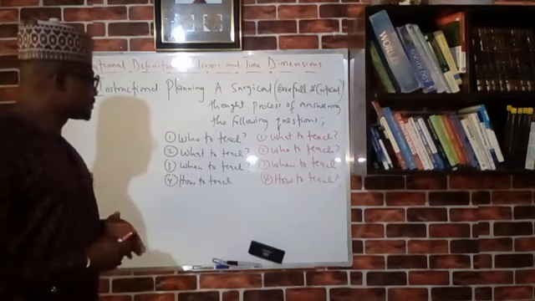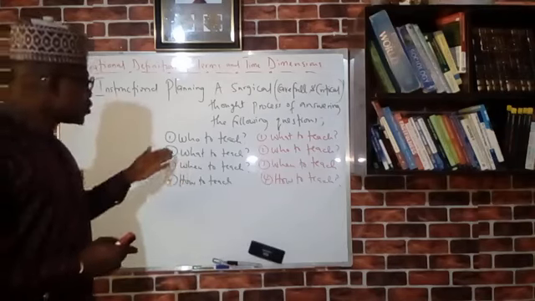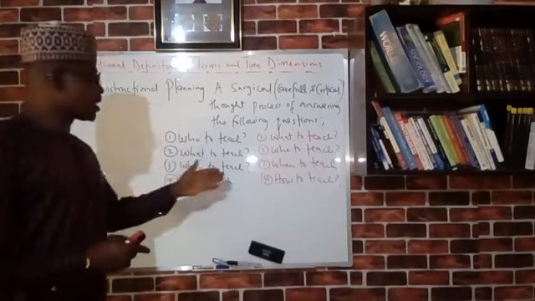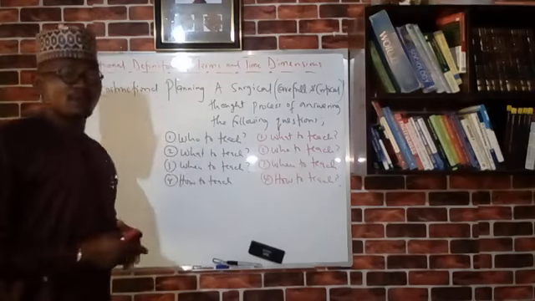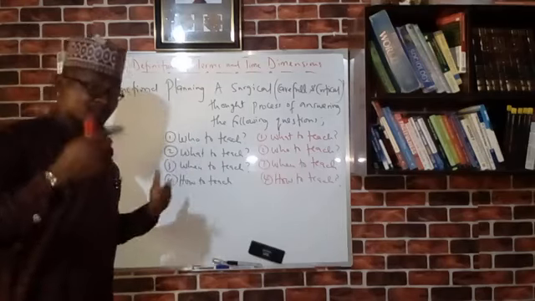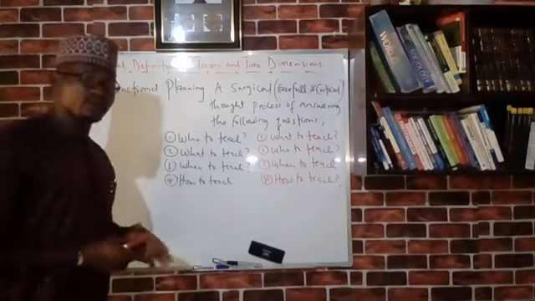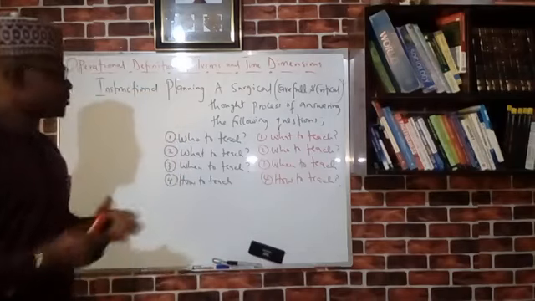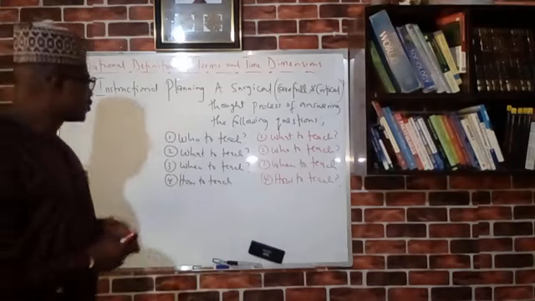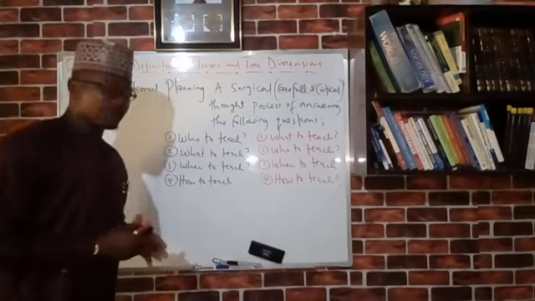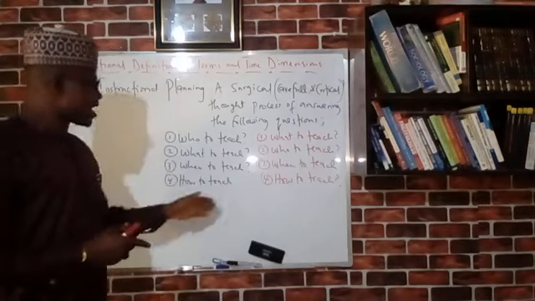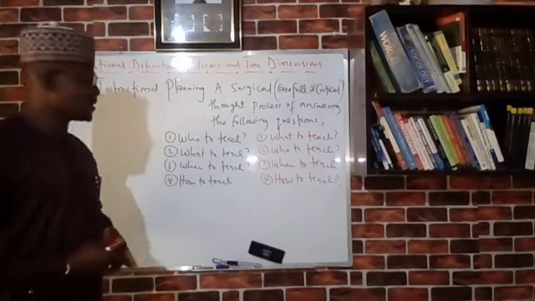The second question is, which of this arrangement do you think we practice? For example, which of this arrangement is being practiced in your own country or in your own territory, in your own area? Then number three, for those in Nigeria, which of this arrangement do you think we practice in Nigeria?